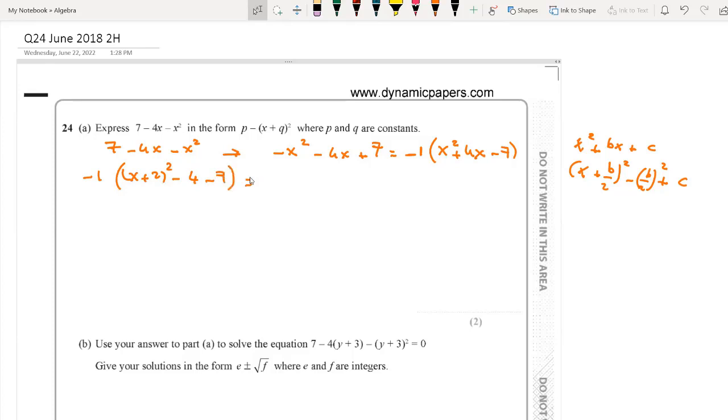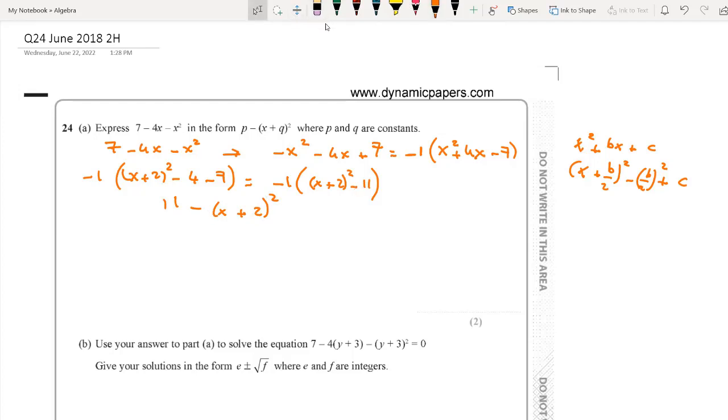Now we can simplify this. We can have minus 1 outside the bracket. We have (x plus 2) all to the power 2, and then we have minus 11. If we insert minus 1 inside the bracket, it turns to be 11 minus (x plus 2) all to the power 2, which is the form that is needed.